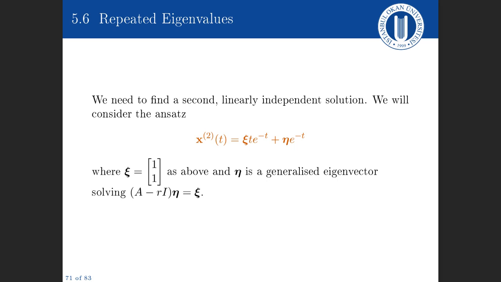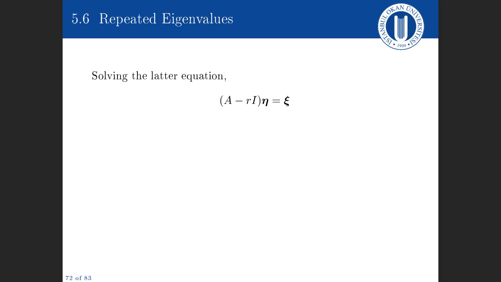So what we do is we take the generalized eigenvector equation and we use that to find the vector eta. Okay, solving this equation, starting with A minus rI eta is equal to xi, which for this example is the matrix minus 3 over 2, 3 over 2, minus 3 over 2, 3 over 2, times eta 1, eta 2, is equal to 1, 1.